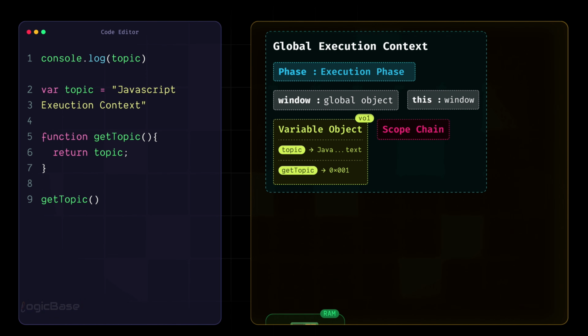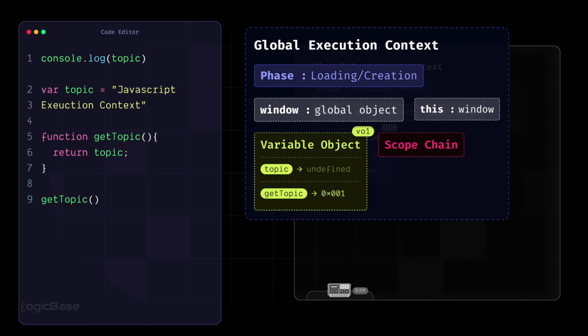As we saw earlier, during the loading phase, JavaScript already stored the variable topic in memory and assigned it the default value undefined. That's why when we try to print topic in the very first line before its declaration, the console will show undefined, which is the value set during the loading phase.